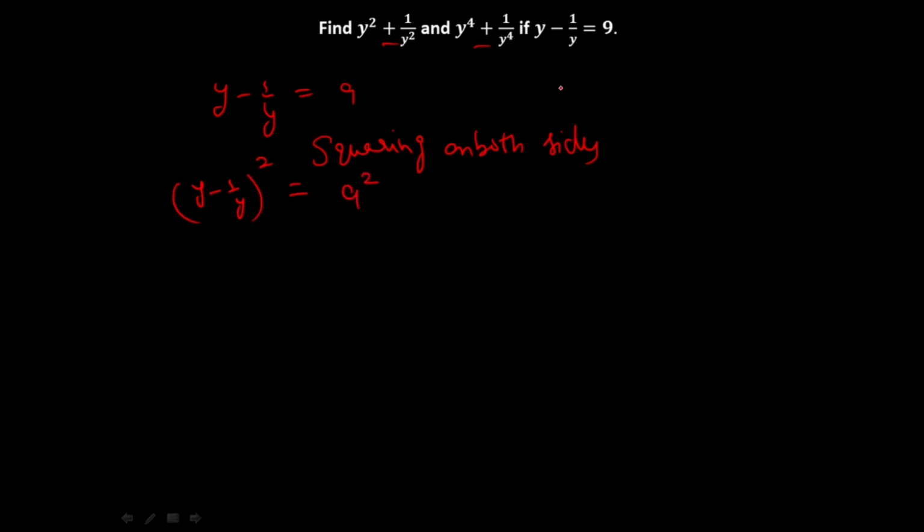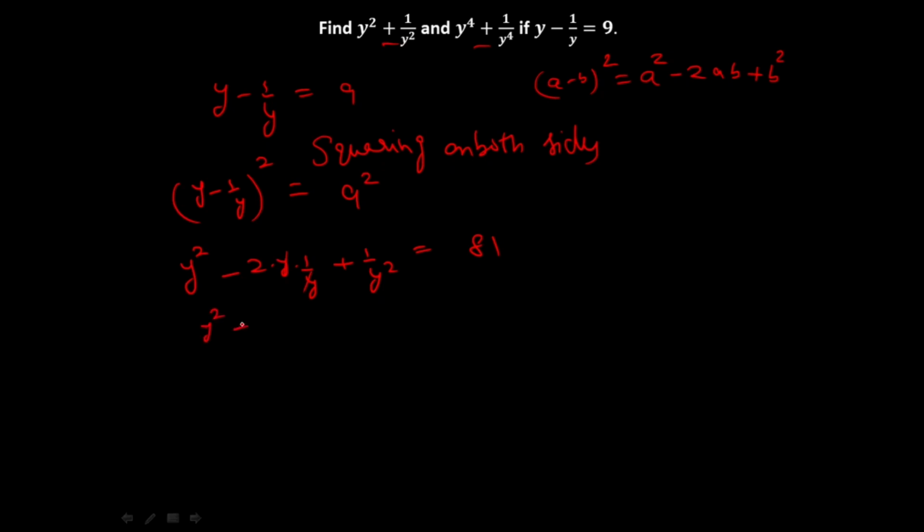Now use the identity. Which one? A minus b whole squared equal to a square minus 2 times ab plus b squared. So y squared minus 2 times a times b plus b square equal to 81. That got cancelled. Take negative on that side.